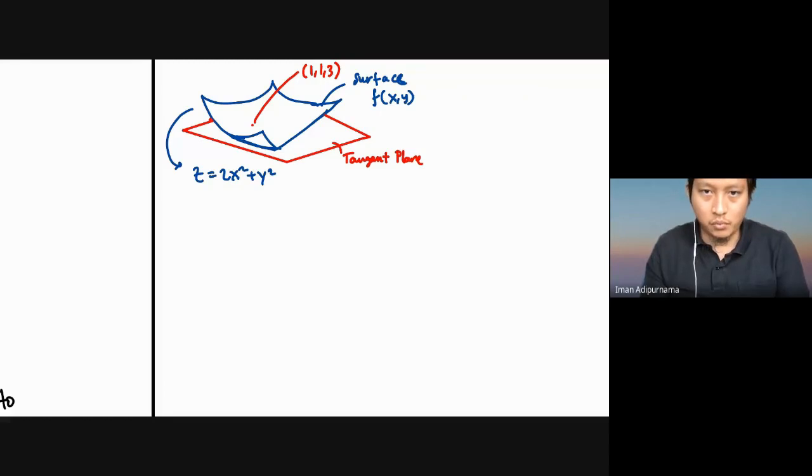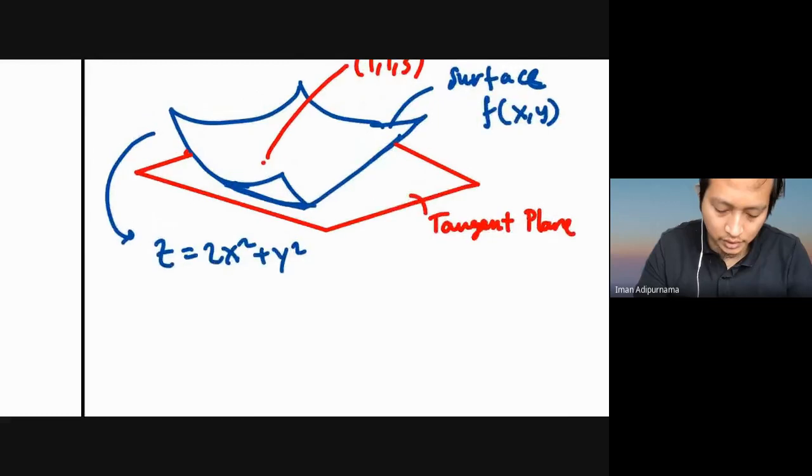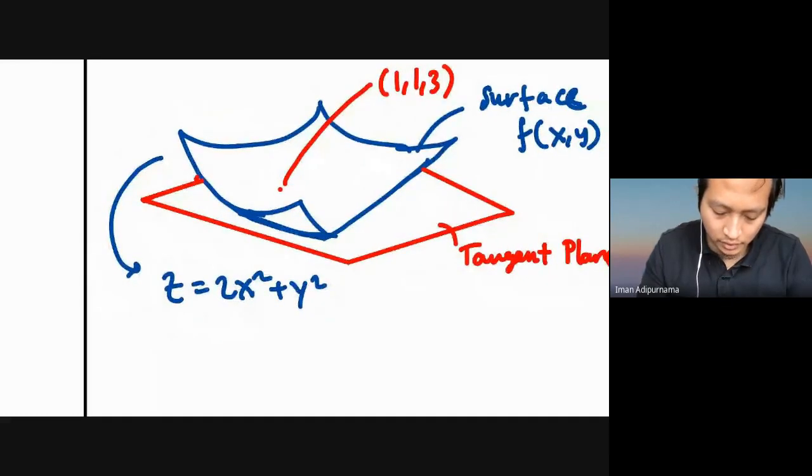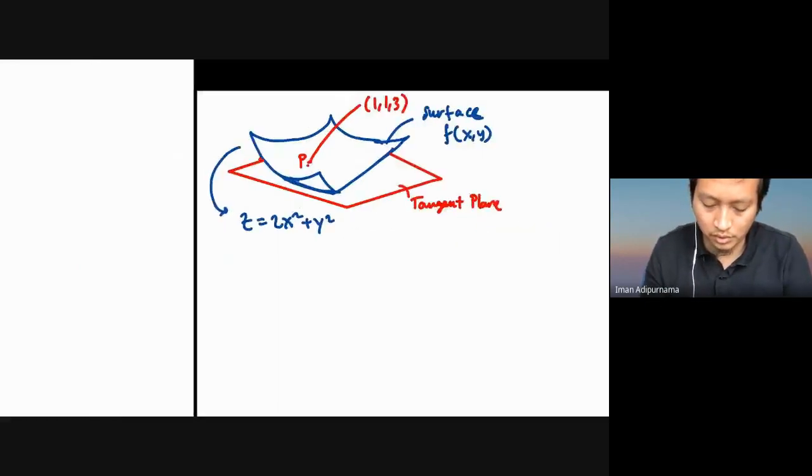So what we are going to do is zoom in at this point here, let's say this point P. I hope you can imagine what I'm going to do here.